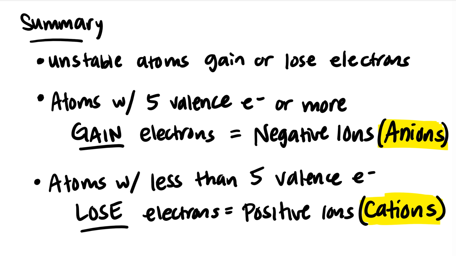Okay, so you got 2 new vocab words here, anions and cations. The word cat, I like to tell students, hey, look at that word cat. It has the letter T in it. Think cat, T, T plus sign, positive sign. So your cations are going to be your positive ions.